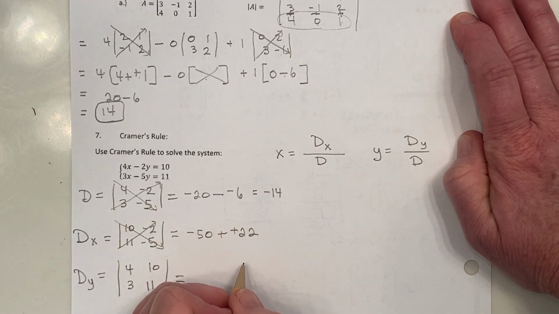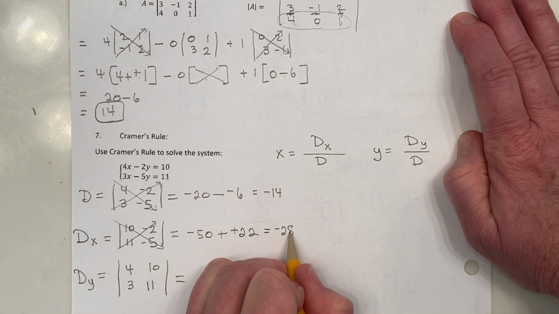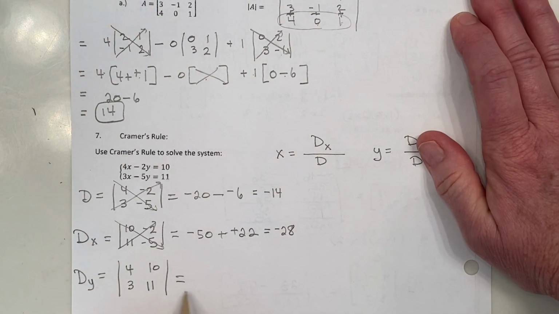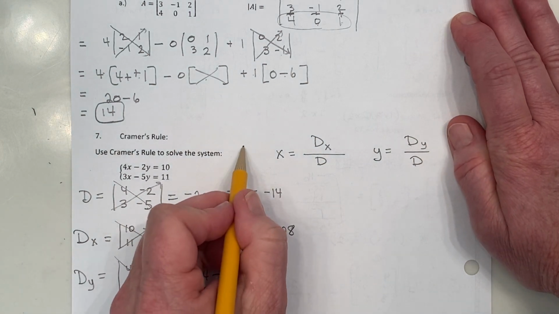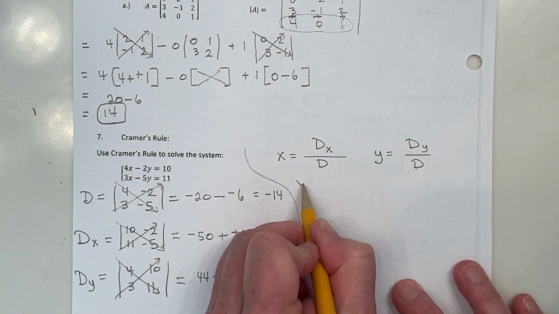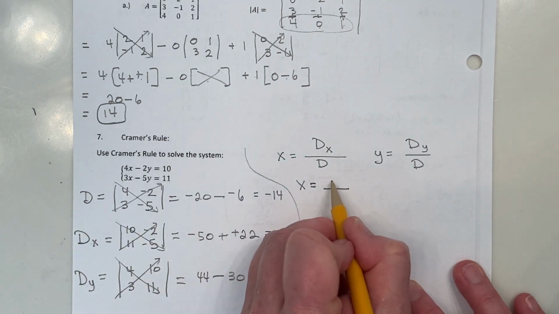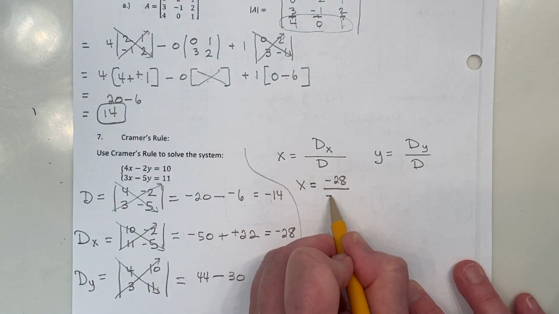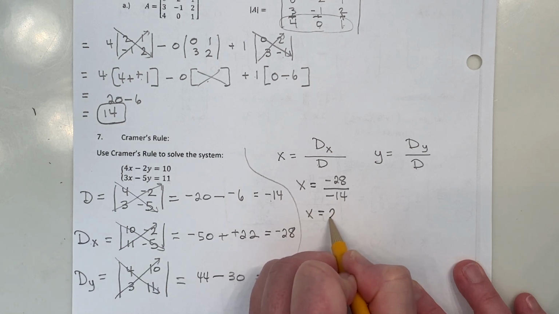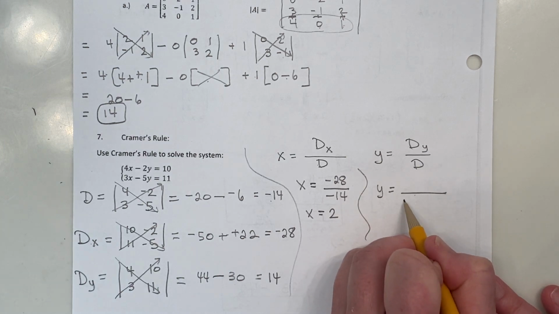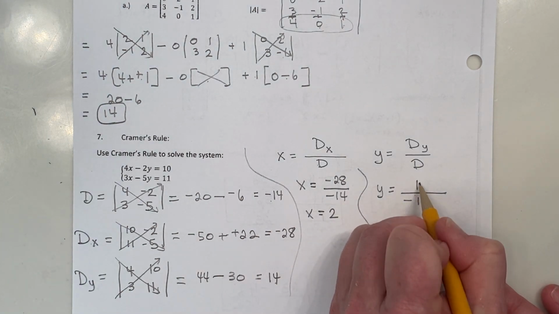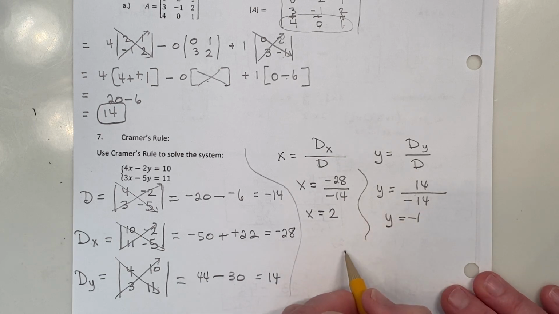I think that's negative 28. And that difference is 14. So those numbers look good. That one wasn't too bad.